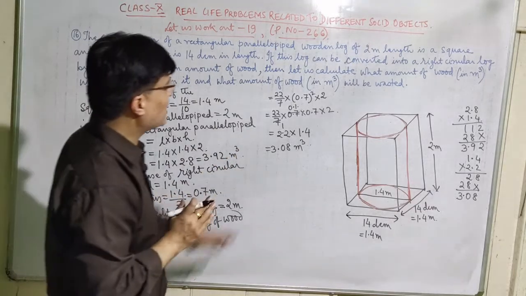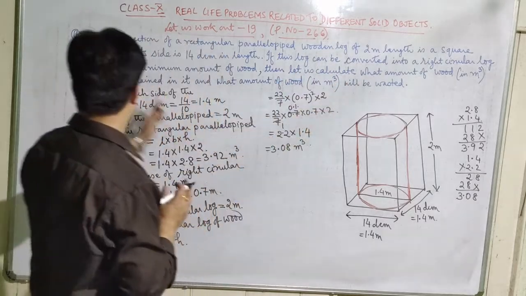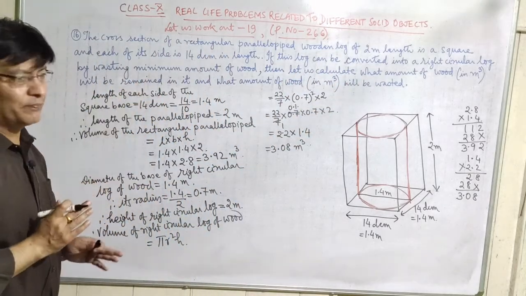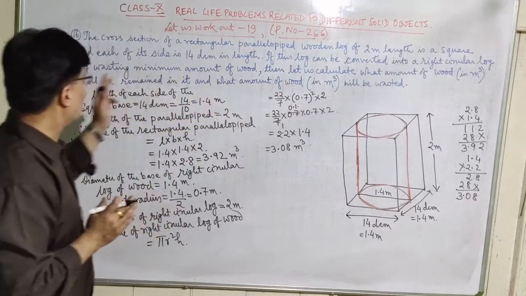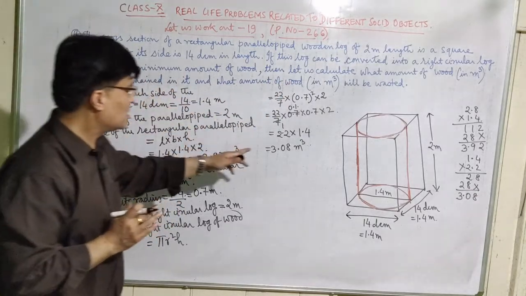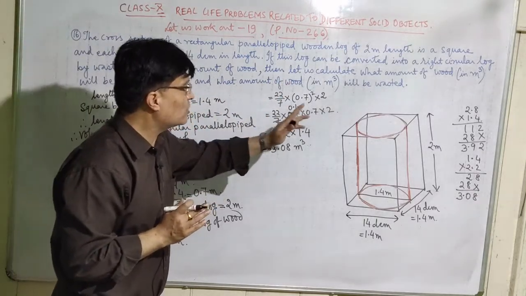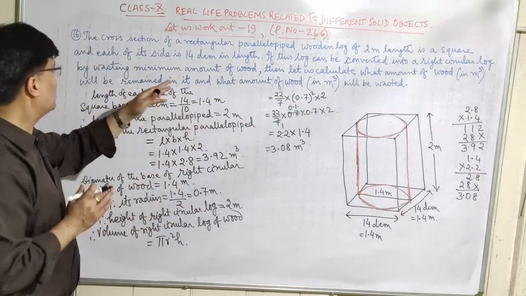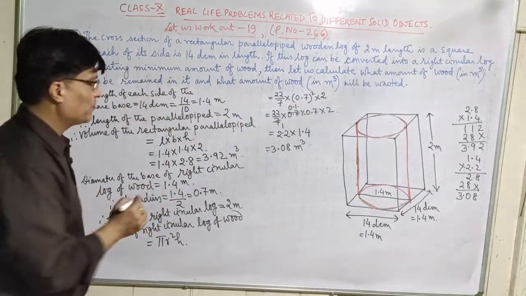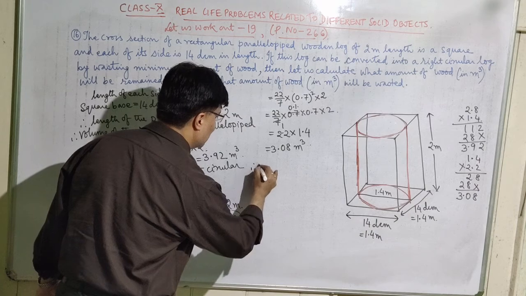So in this case you have to calculate what amount of wood will remain in it. What amount of wood will remain in it? That is 3.08 meter cube of wood will remain in it. So therefore we can write down the answer.